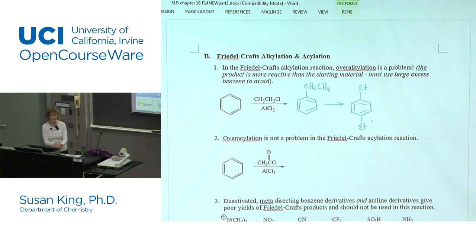Now we've got two activating groups on the ring. That ring is now more activated than the one with a single ethyl group, which is more activated than having no ethyl groups on there. So we're going to get ortho, we're going to get tri-substituted, and we're going to get tetra-substituted.